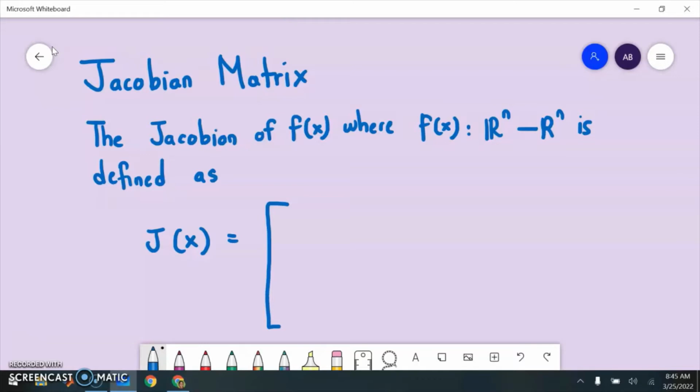It depends on how many dimensions there are. So we can have partial f over partial x.